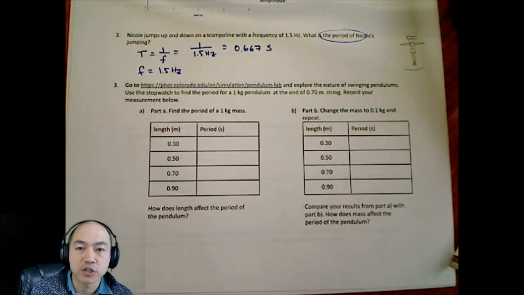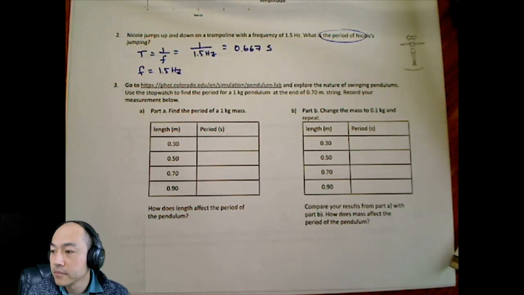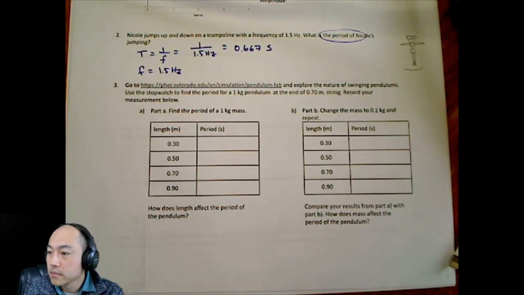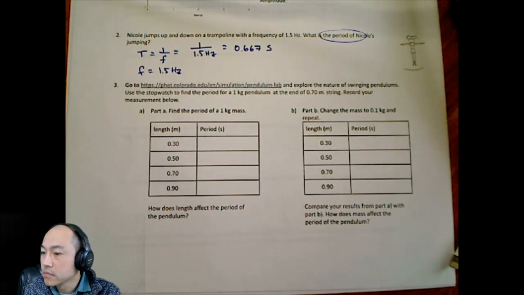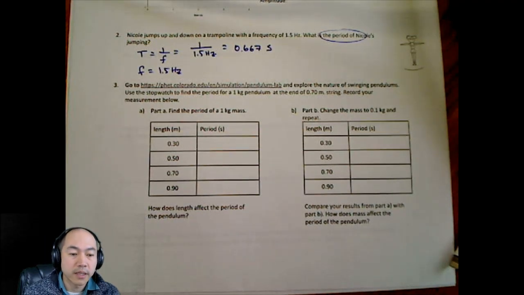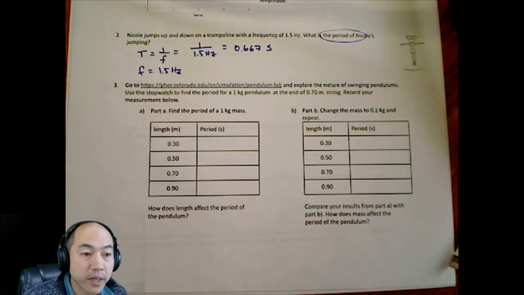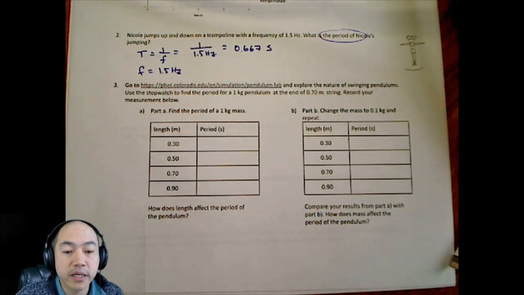You can also just search for this, and let's go there right now. And this is what it looks like. We're going to try to find the period for the 1 kilogram mass. That's the one that is set up right here.